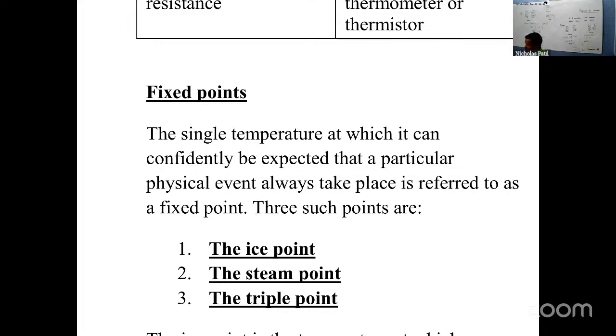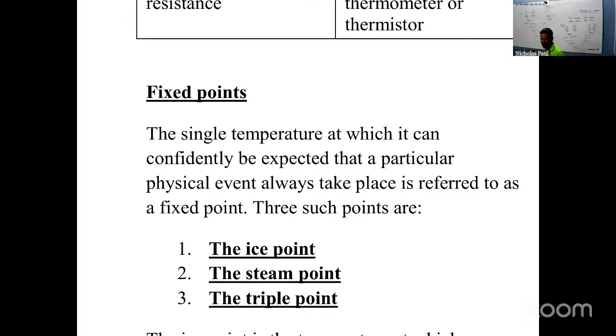It's the temperature of pure melting ice, because ice could be at different temperatures, but when it's melting, it is at 0. And the steam point is the temperature of steam above pure boiling water. Again, the water must be at the boiling point and then you measure the steam.